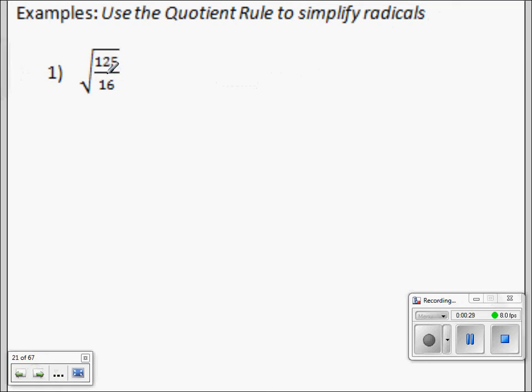So we have, starting off with the square root of 125 over 16. To break this down, we're just going to have a radical, division symbol, radical. We'll just replace our numbers on top and bottom. So the square root of 125 over 16 becomes the square root of 125 over the square root of 16.